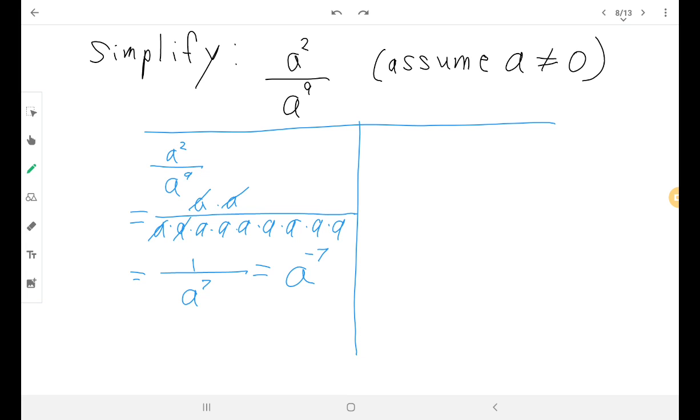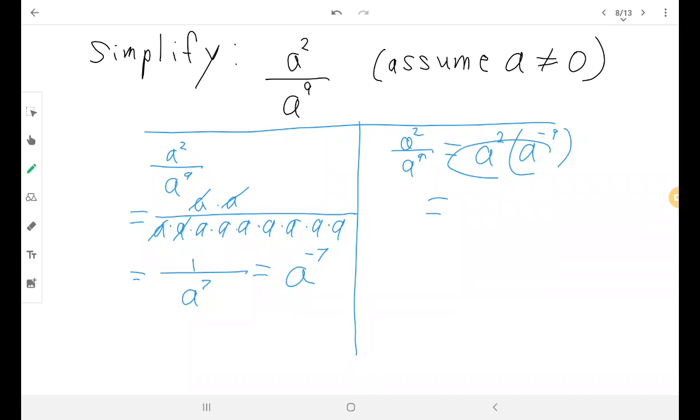So that's one way of doing it. The other way is to say, hey, look, I've got a division problem. Let me change this division problem into multiplication by the reciprocal. So that's a to the second times a to the negative 9th, which is the reciprocal of a to the 9th.